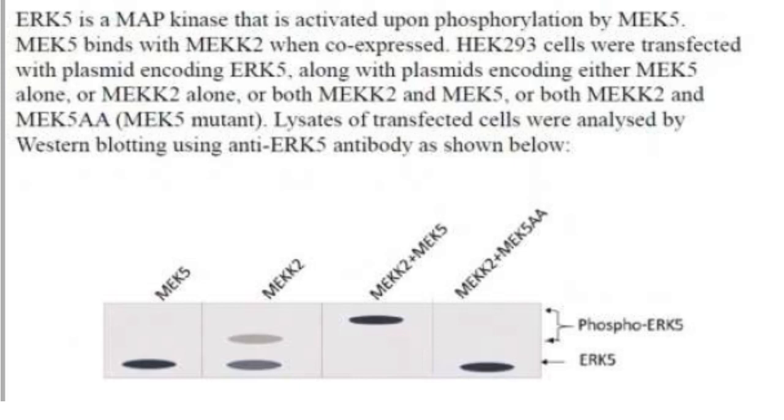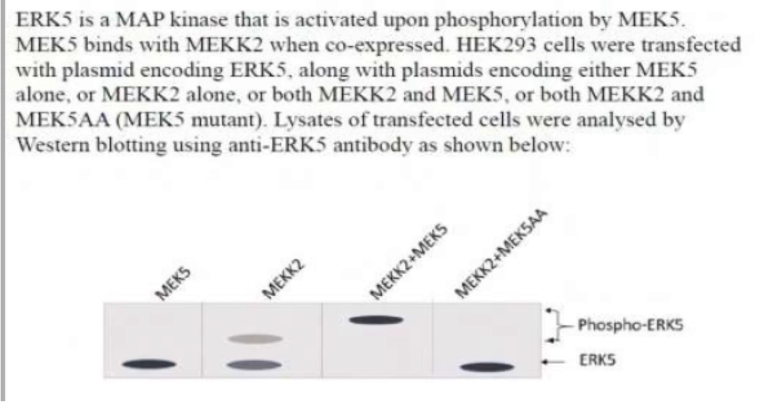So ERK5 is a MAP kinase and it is activated upon phosphorylation by MEK5. Now if MEKK2 is also included along with MEK5, then it is going to phosphorylate ERK5. We will see the blot, then I will explain it much more clearly.